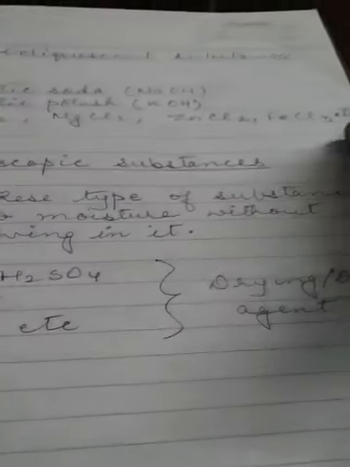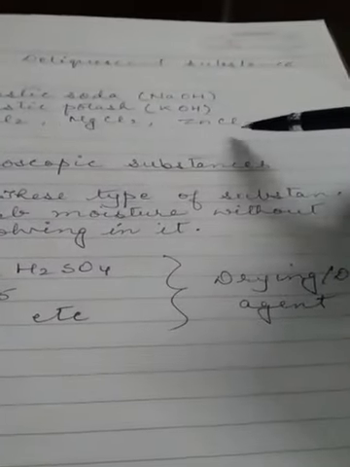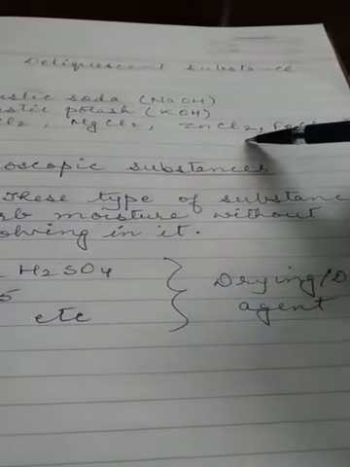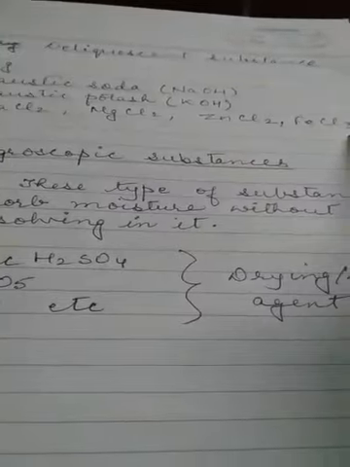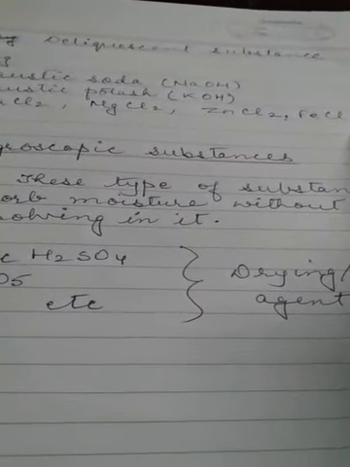It absorbs water and dissolves in it. Next are zinc chloride and ferric chloride. These are substances which absorb moisture, dissolve in it, and become watery.